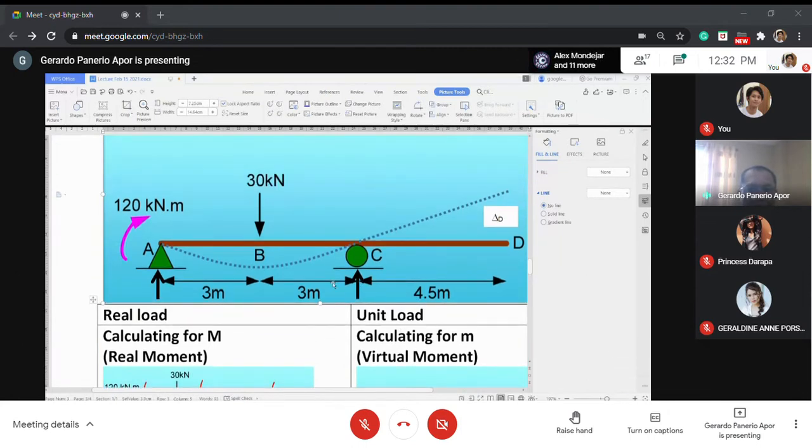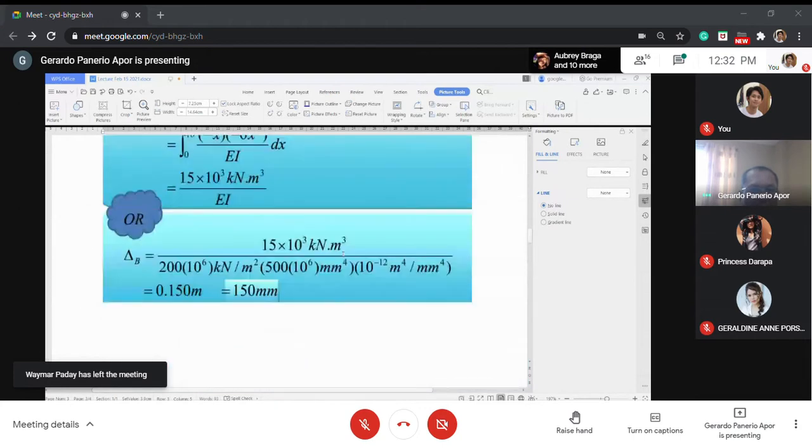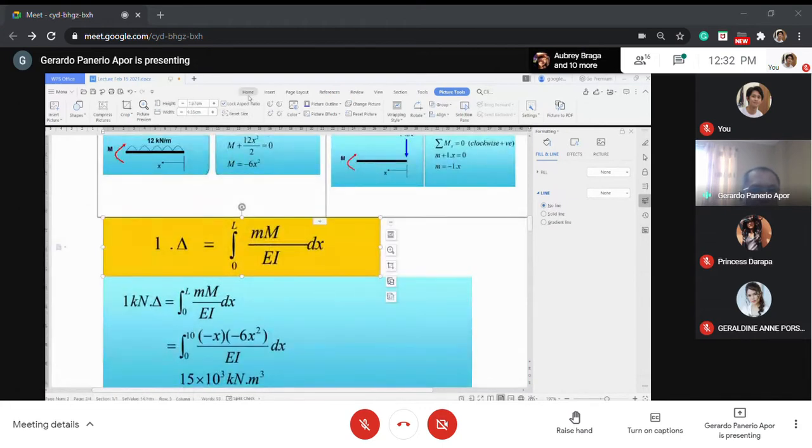Now the moment equation here, the same thing. We use this formula, no? We use this formula. I will copy that.